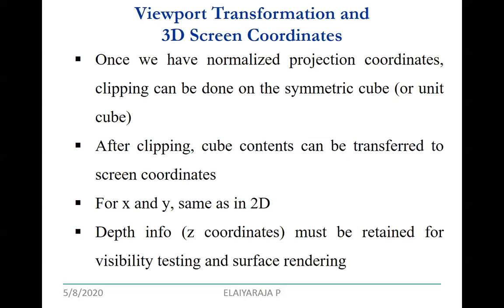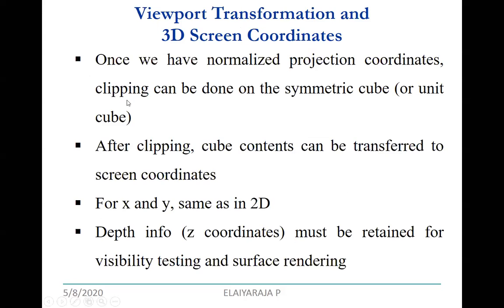So in viewport transformations, when you do normalized device coordinates on your 3D screen coordinates, once we have normalized projection coordinates, you process the clipping. For clipping, how many values do you consider?